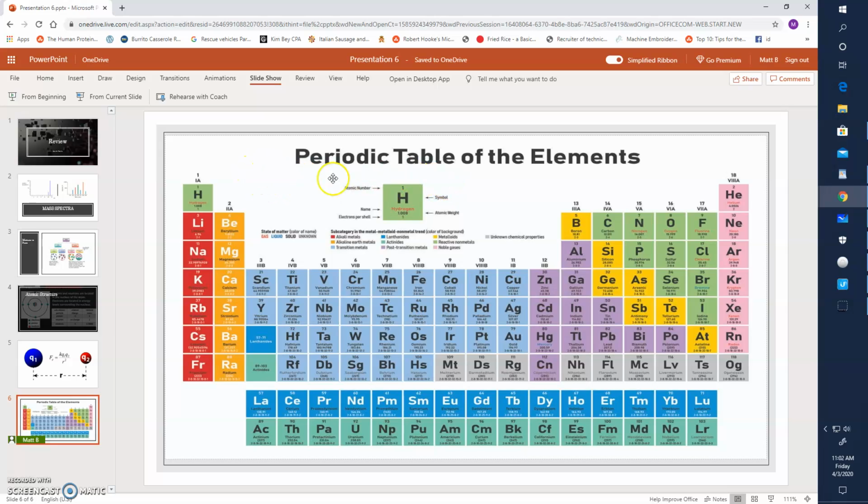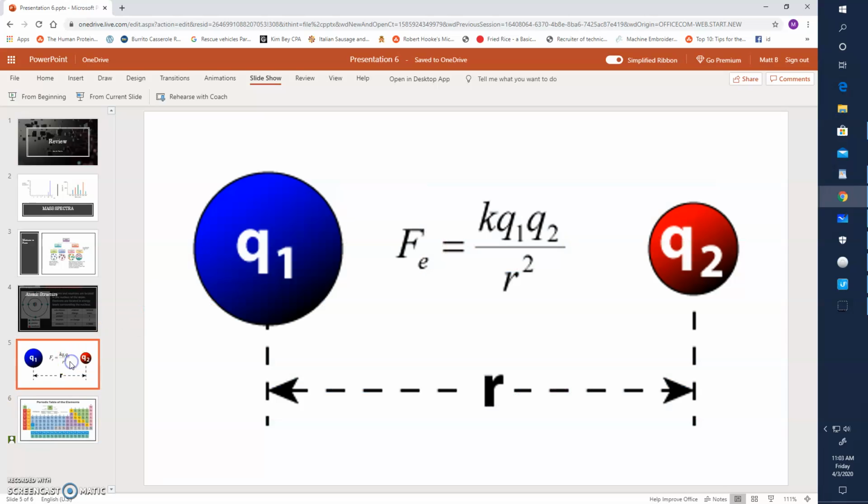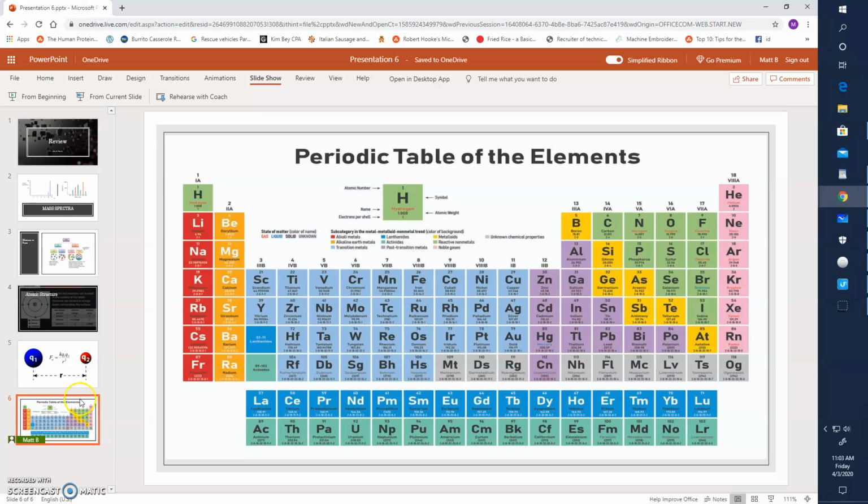As I go left to right on the periodic table, the elements counterintuitively increase in size as we go towards the left-hand side. So going left, the elements increase. Even though I'm adding more protons and more electrons going across, they do decrease, going from hydrogen to helium or lithium to neon. They decrease because as I add those protons and electrons, I'm increasing my charges, so this Q1 and Q2 are increasing from Coulomb's law.